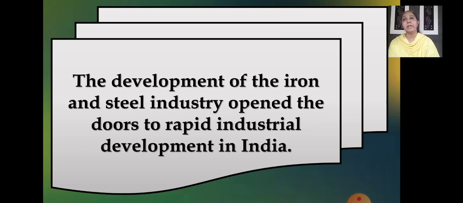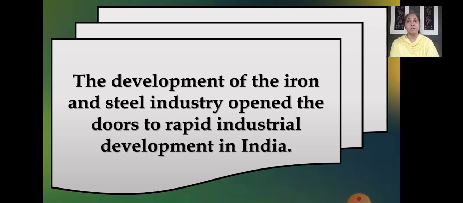But the development of the iron and steel industry opened the doors to rapid industrial development in India. We can say this because the development of the iron and steel industry opened the doors for what? For rapid industrial development in India. Almost all sectors of the Indian industry depend heavily on iron and steel, see, as I told you, iron and steel is used in each and everything, right?